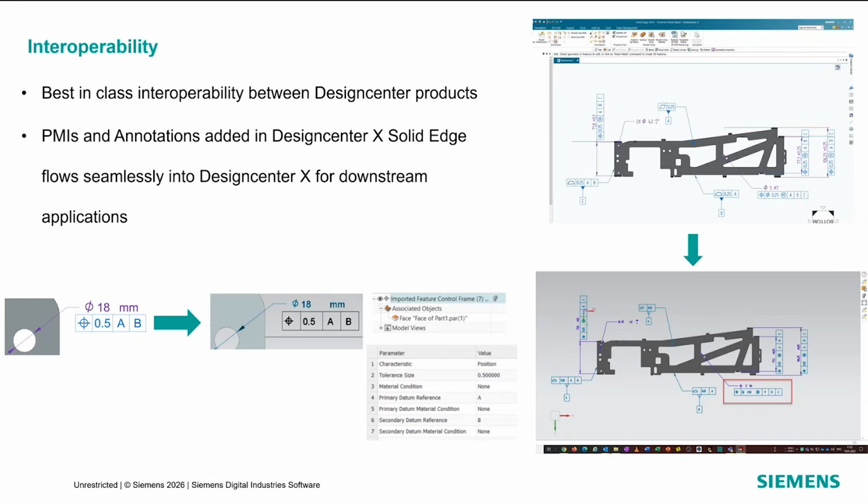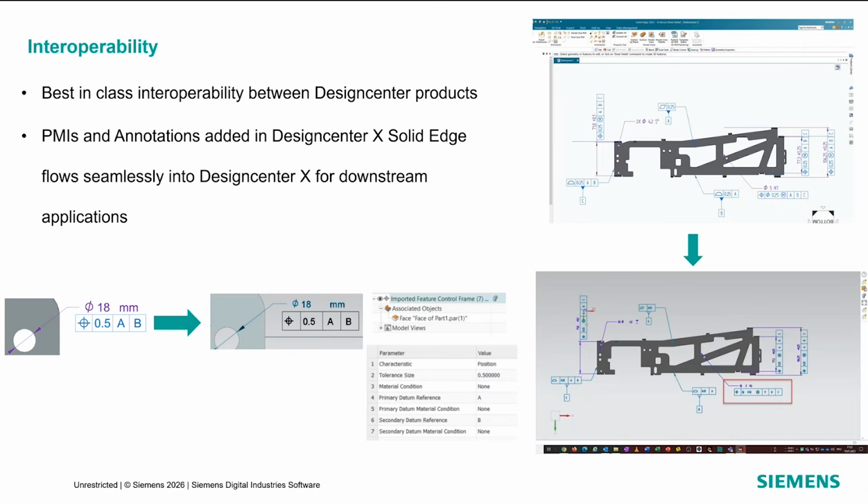For example, a lot of our customers do CMM inspections, and they do VSA, for example, or even CAM, right? Maybe you need the PMIs to take it downstream to do something inside NX CAM. And with this interoperability that exists between the products inside the Designcenter suite, you can go ahead and easily do so.